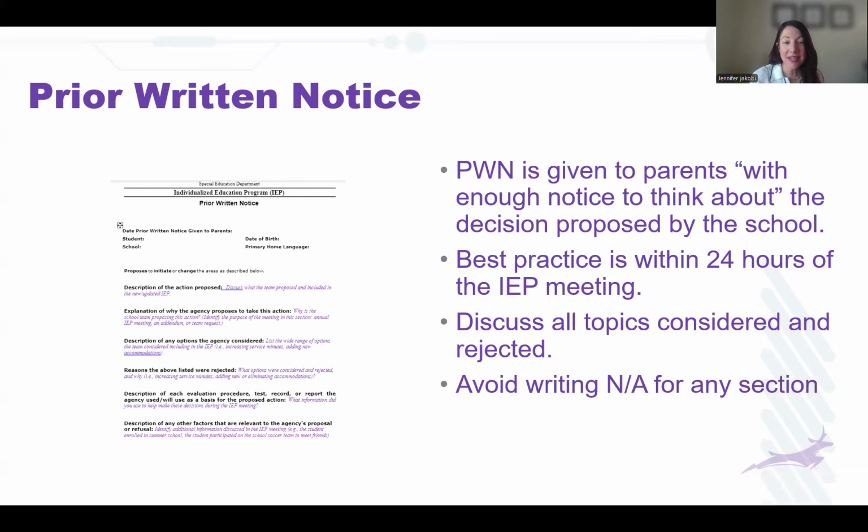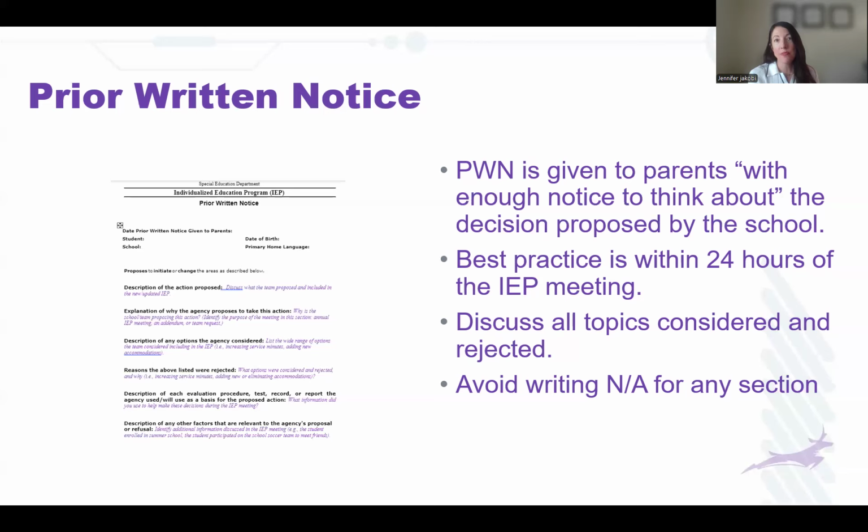At the end, this very last bolded indicator says, description of any other factors that are relevant to the agency's proposal or refusal. In this section, you're going to identify anything discussed at the meeting that may be relevant at a separate time.